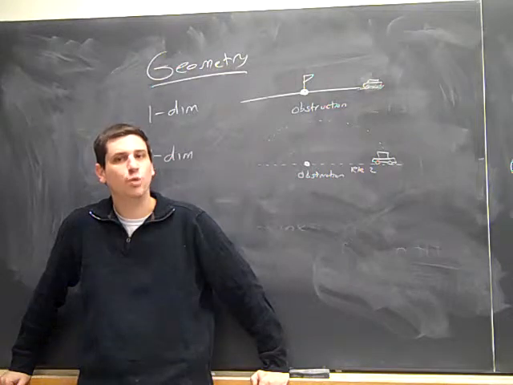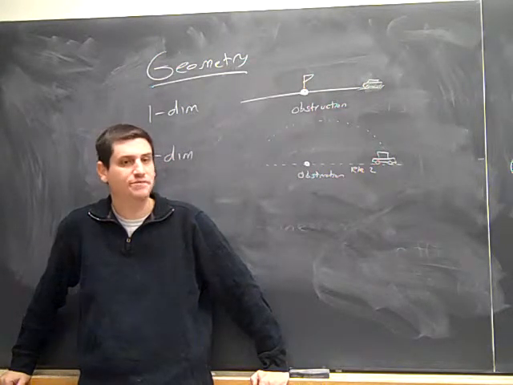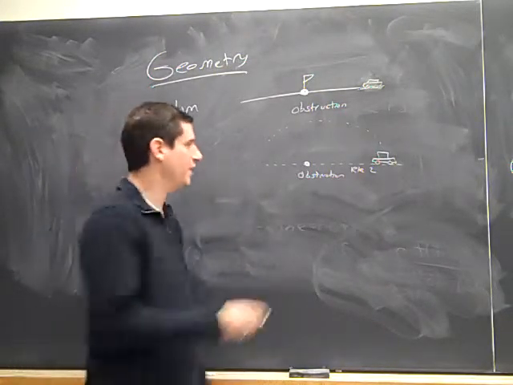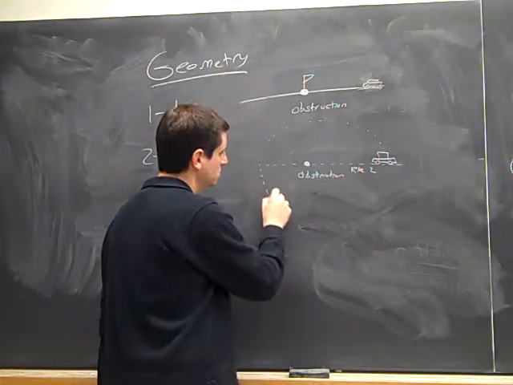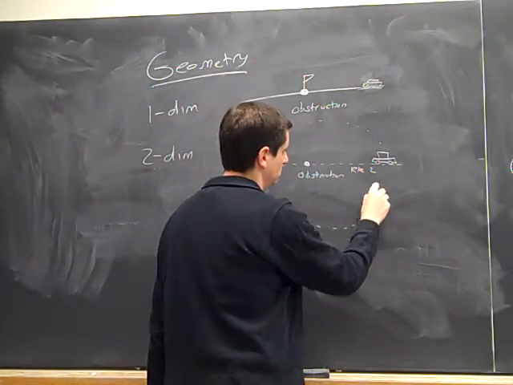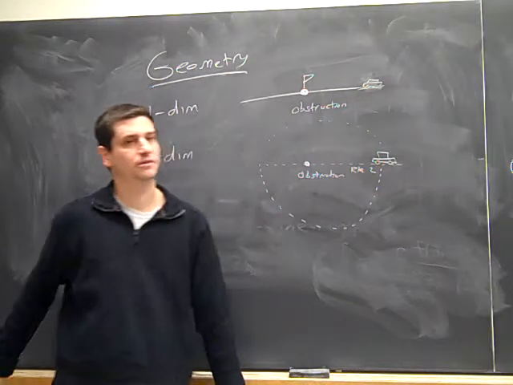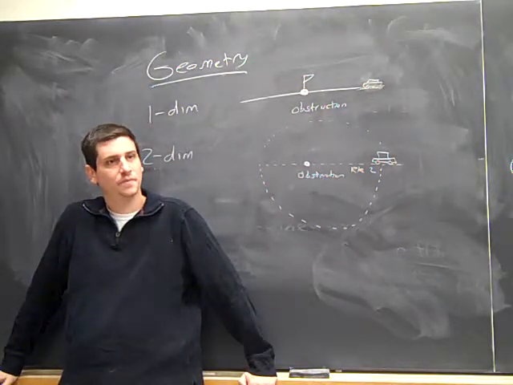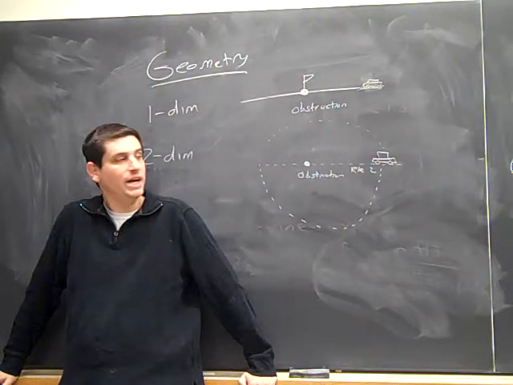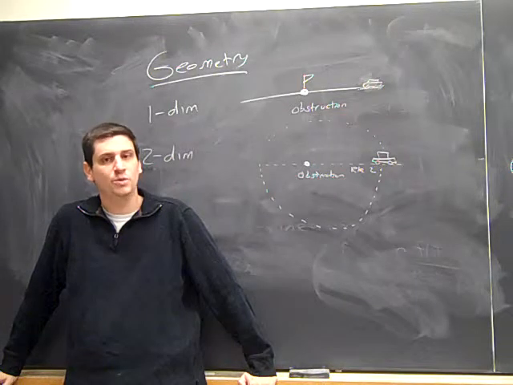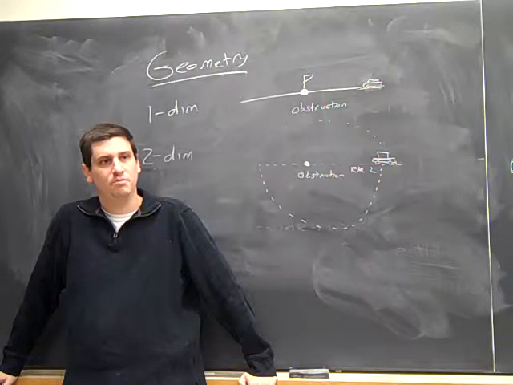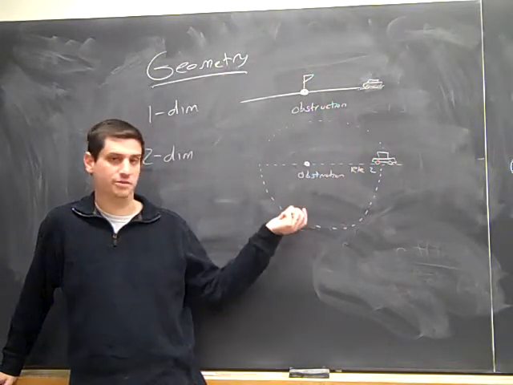Right. So this is one of the places where 2 dimensions is very different than 1 dimension. And in fact, I can keep going, and I can come back to where I started. So right now, 2 dimensions is looking very different than 1 dimension. But there's something I can't do to this curve.